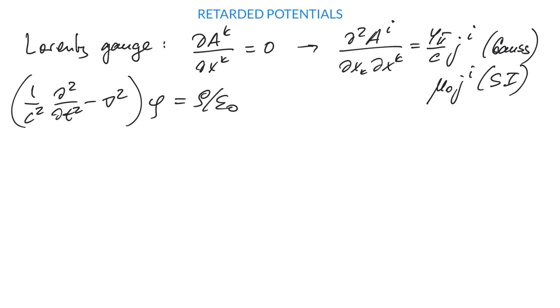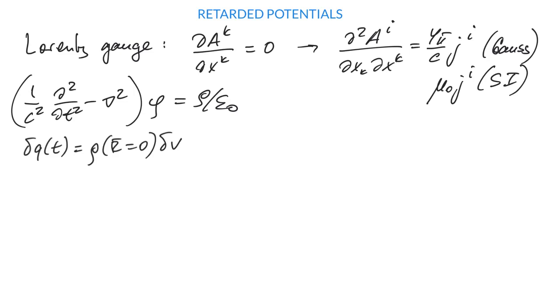Because the equation is linear, we can solve it in the spirit of the Green's function. So we can find the potential corresponding to the point charge that varies in time, and then integrate over all space. So let's consider the contribution to phi produced by the charge delta q of t equal to rho at r equals 0, times delta v, where delta v is a small volume at the origin.